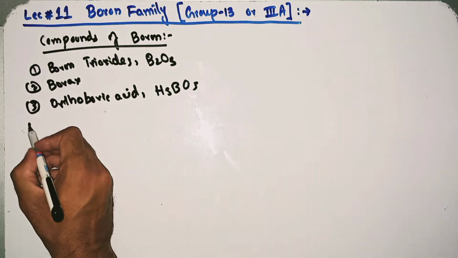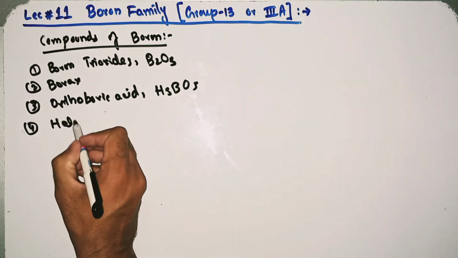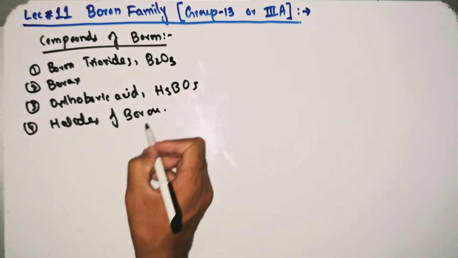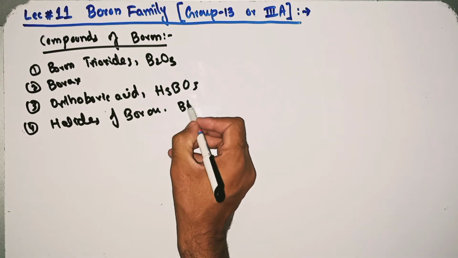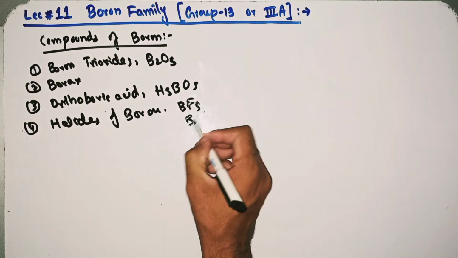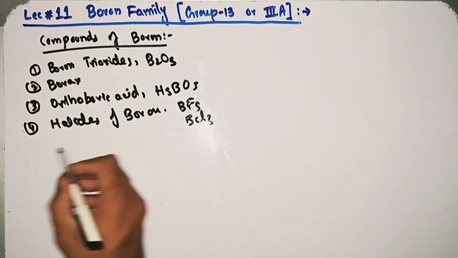Similarly, there are the halides of boron, for example BF3 and BCl3.